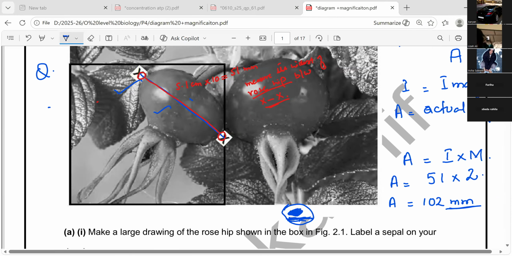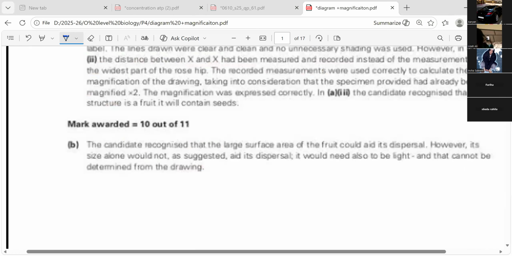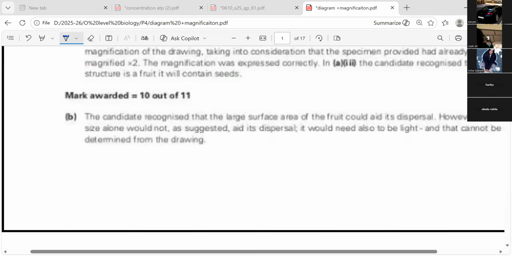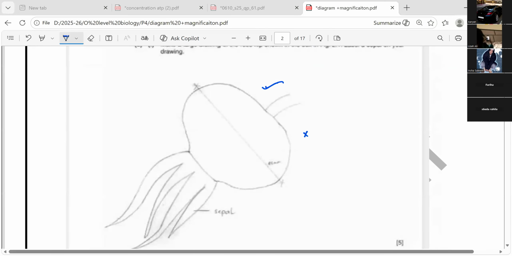Is my question clear? Now, if the examiner asks you to calculate the magnification of your drawing, how are you going to calculate it? M again. So what was I? I was 80 divided by, what is A? A was 51.